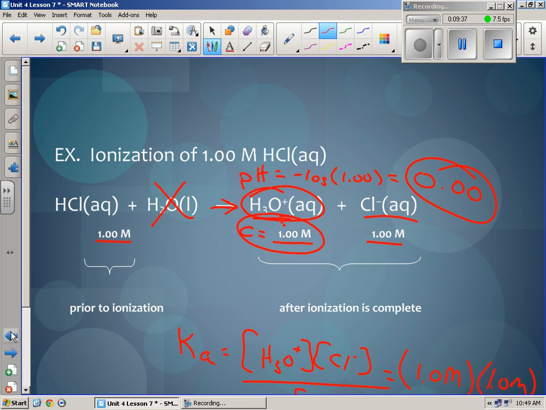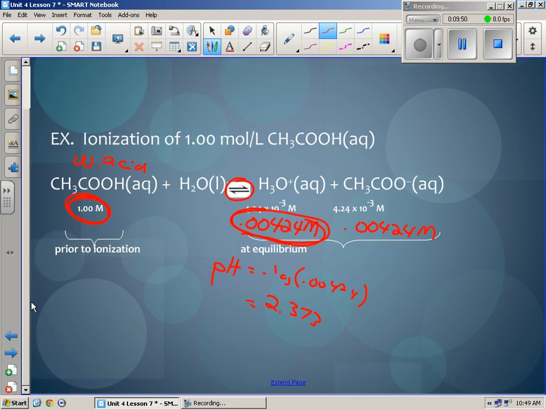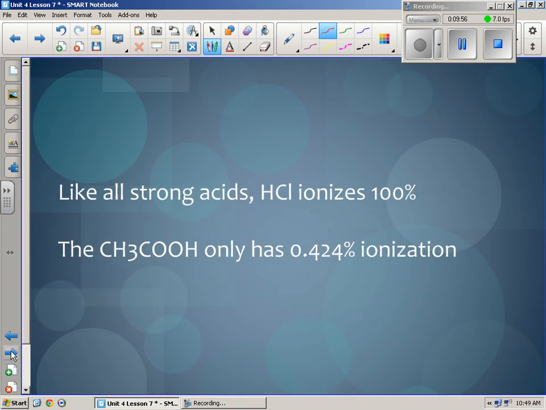So that's about 100 times weaker. Okay? Roughly. All right? So we probably have a little bit more work to do with the weak acid, because what I need to figure out is how much is it actually going to break up. And that's what we're going to talk about today. So like all strong acids, HCl ionizes 100%.